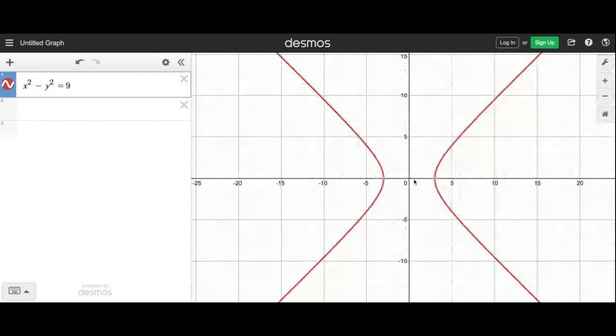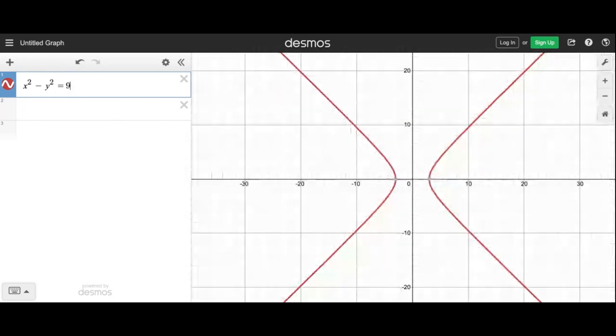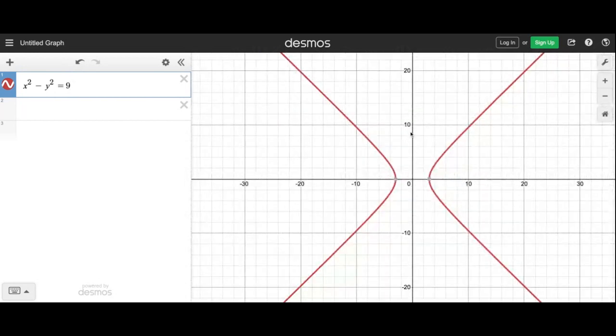Because I have 9 and I have 0, 9, 9, 0. So this one goes through, so that's 3, right? 3, 0. Okay, great. Then this, where do they intersect? All right. Okay, now I know how to draw it.